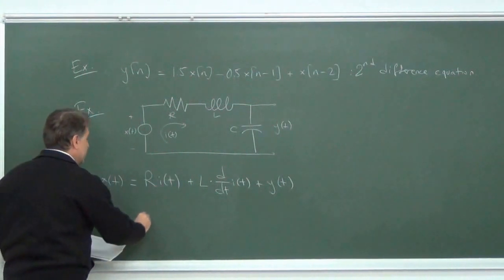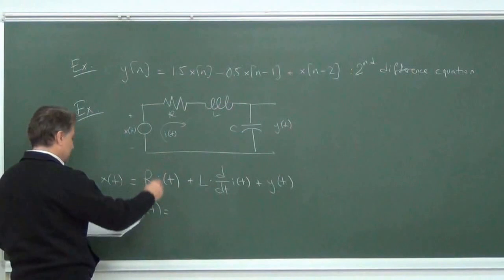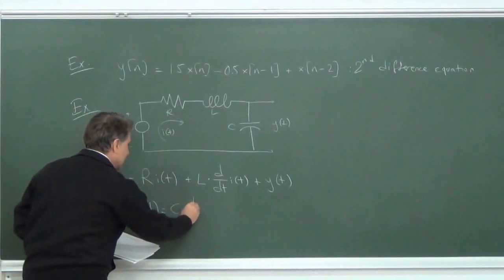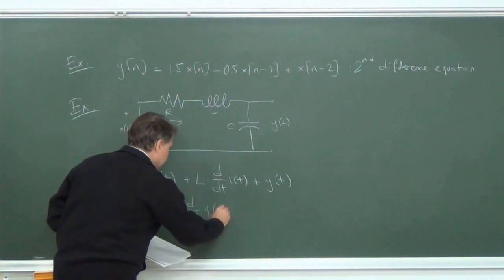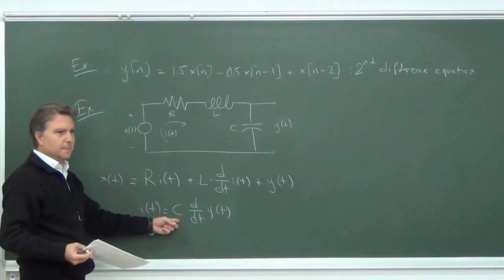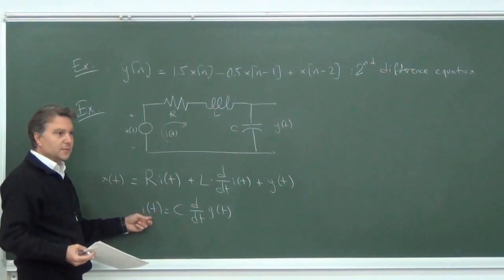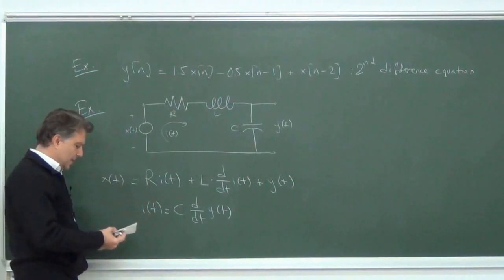But i of t is related to the voltage across the capacitor using this formulation: the derivative of y of t times C is equal to the current.